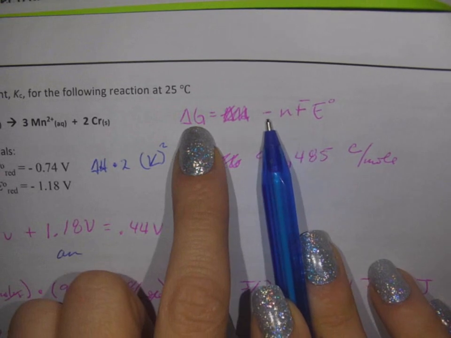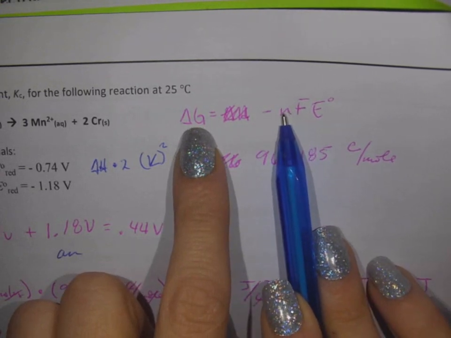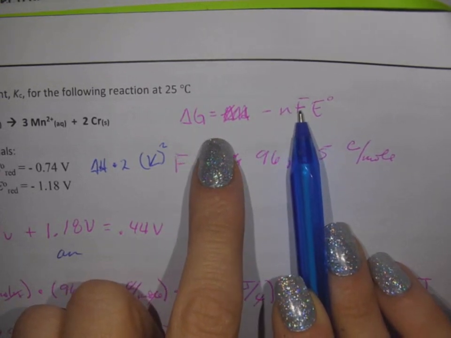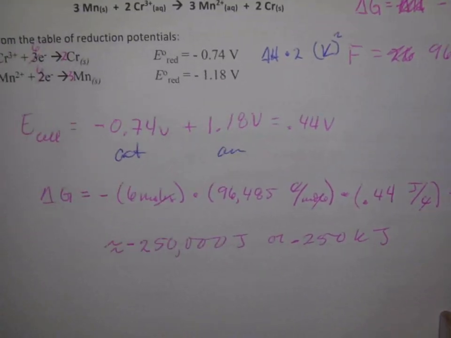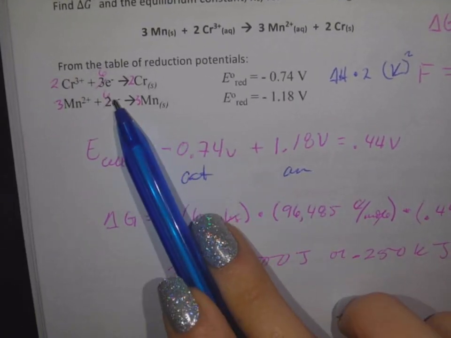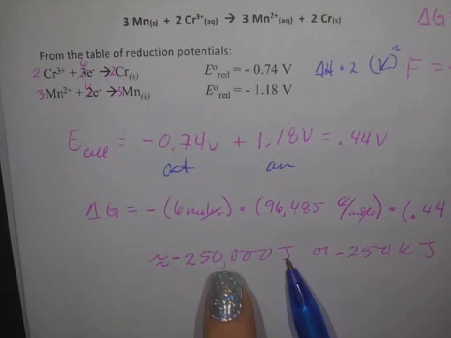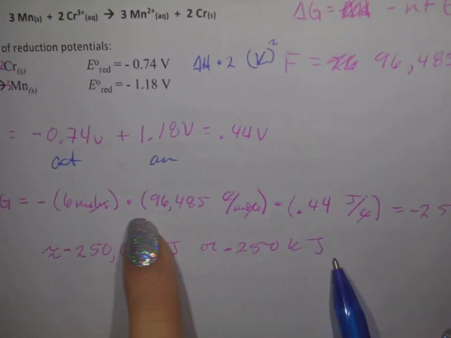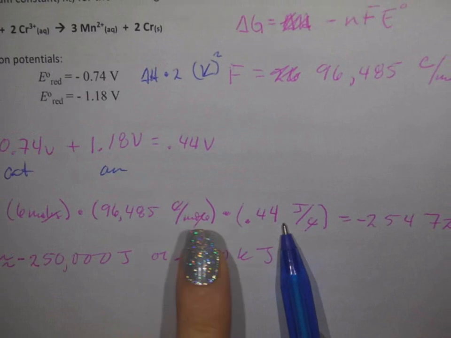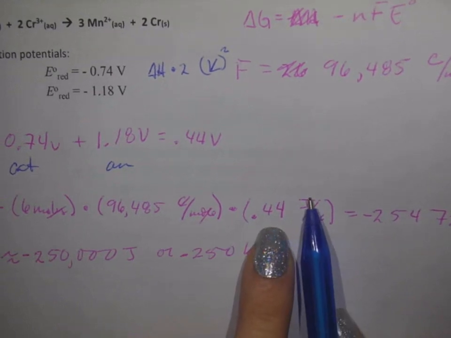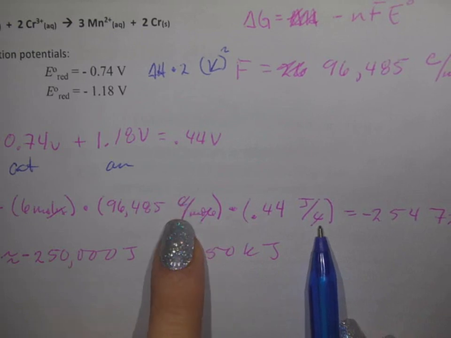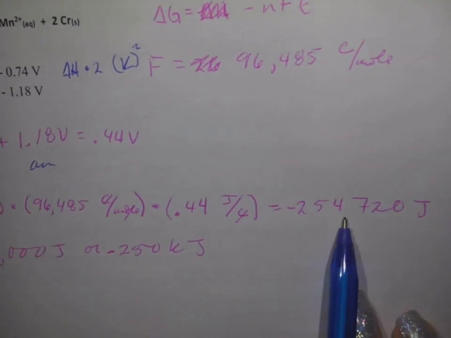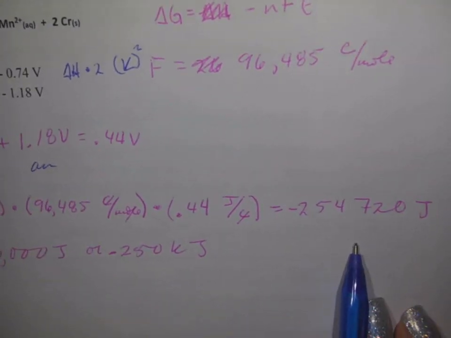We got delta G is equal to negative moles of the electrons, times Faraday's constant, times the E cell. So we ended up multiplying this, so it's 6 moles of electrons. There's the constant, and there's my volts. And I just changed the units. You don't have to. I'm just pointing out that coulombs cancel and moles cancel, and that's why you're left with joules for Gibbs free energy.